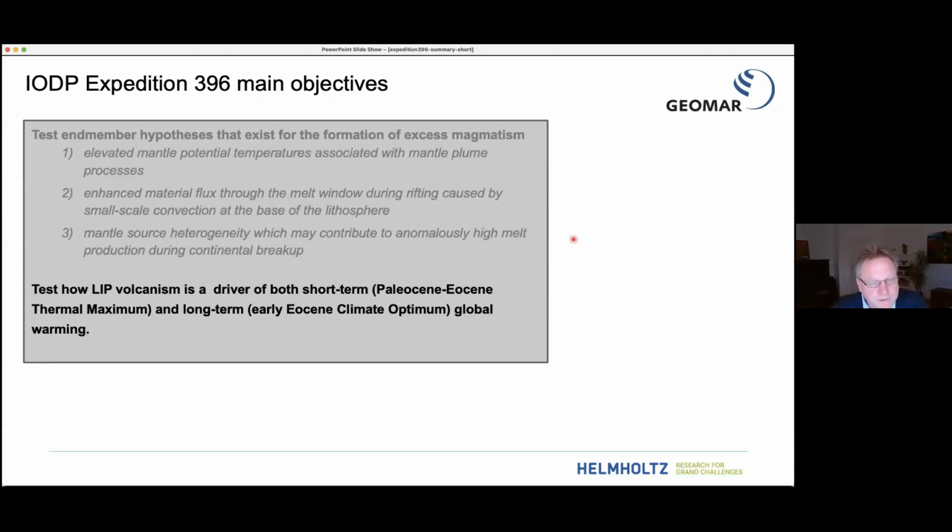The other main objective was to understand the consequences of this huge amount of volcanism during the opening of the ocean basin. It has long been proposed that the last time we had quick global warming is related to this volcanism.